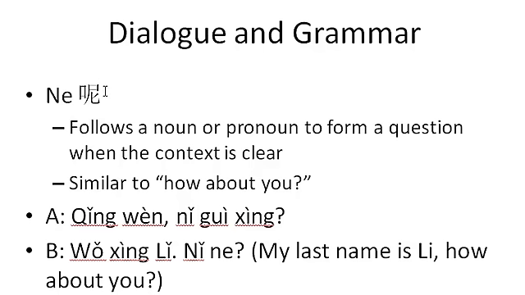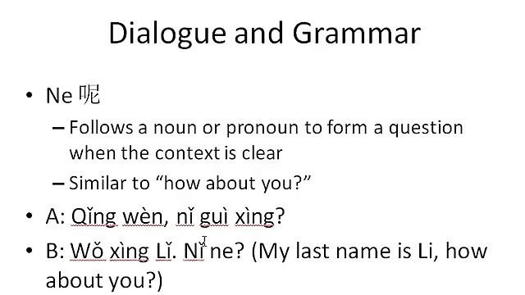For example, if I ask you, what's your favorite movie? And you answer, and then you want to know what my favorite movie is, you would say, how about you? How about you is more efficient than saying, what is your favorite movie? So adding na at the end of a noun or pronoun is like saying, how about you?